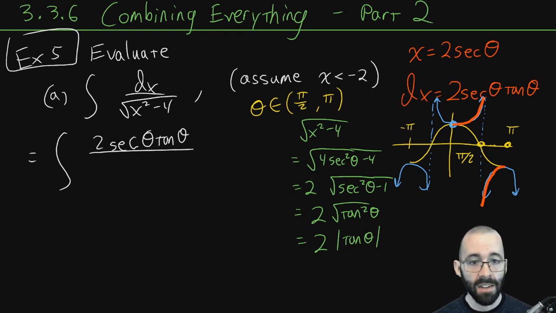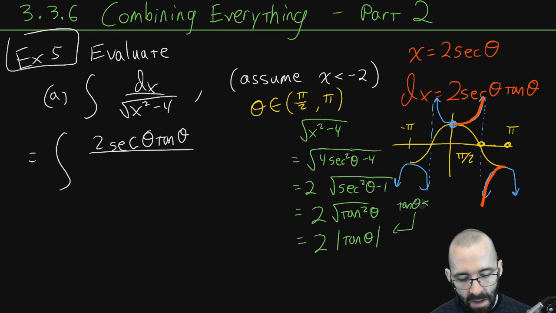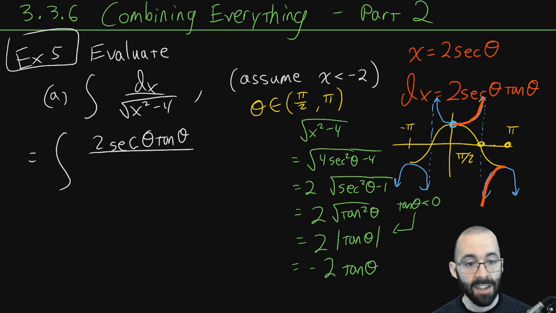Tangent is negative in this quadrant. But that's actually not a problem. Since tangent's specifically negative in this quadrant, the absolute value is the opposite of tangent.